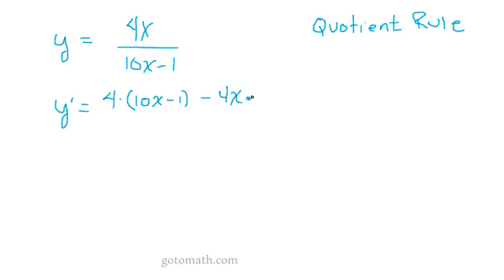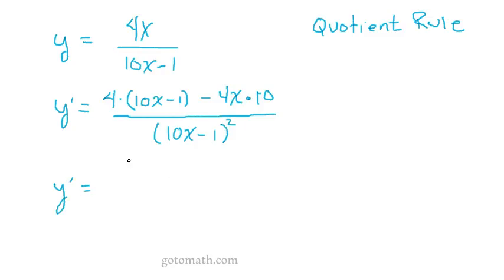So the derivative of 10x is just 10, and the derivative of 1 is 0. So that's it. And it's all over the denominator squared.